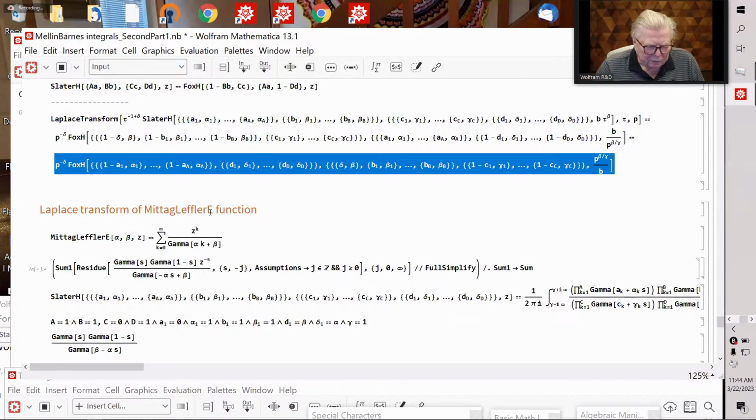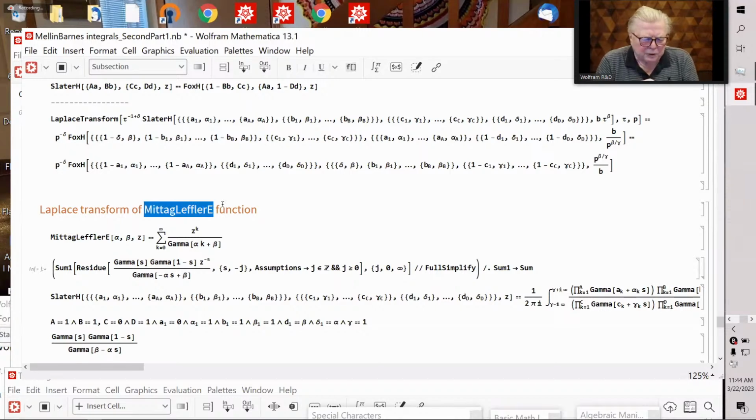And at last, we can tell about particular cases. Cases of Meyer-G function are the cases of FoxH and of SlaterH, of course. And we have very specific case which are very popular for differential equations, who studied differential equations. It is Mittag-Leffler function.